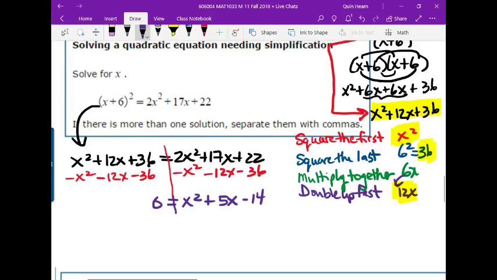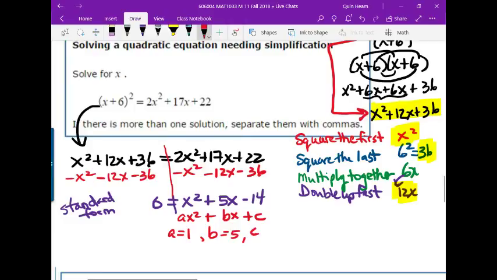Okay, so now we have standard form because we have 0 on one side and we have the descending order of the exponents. The x squared comes before the x, which comes before the term with no x. So it fits the pattern of ax squared plus bx plus c, where a in this case is 1, b is 5, and c is negative 14.